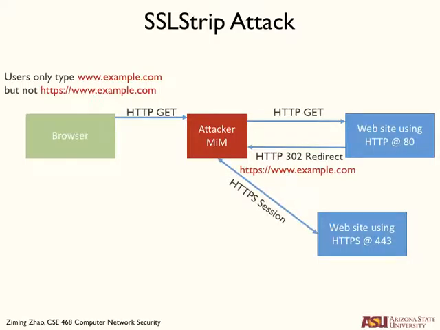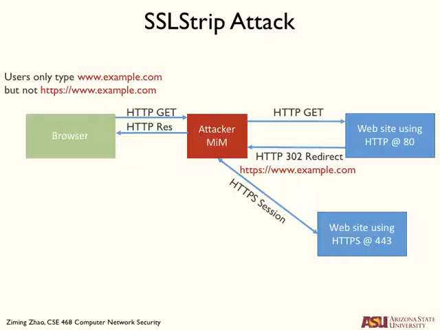build a secure channel with the secure version of the website on behalf of the browser. Then after the attacker gets the message from the website, it will decrypt this message and forward it back to the browser using HTTP. So the browser never realizes that it's talking to an HTTPS version of the website.